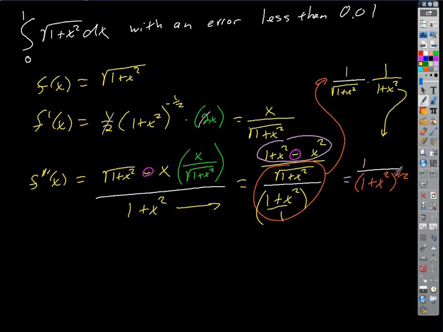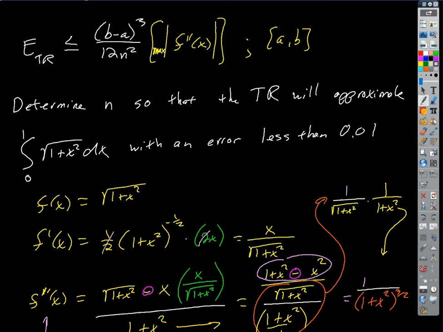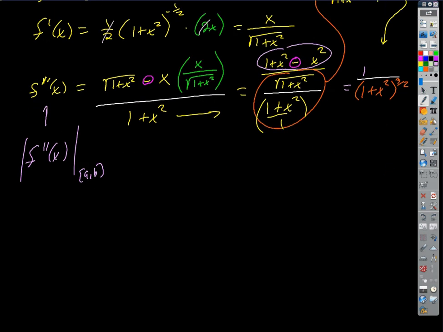So we could say this is really the same thing as the absolute value on our interval, going from a to b, from 0 to 1. So then we've got to figure out the maximum of the absolute value of our second derivative on that interval.